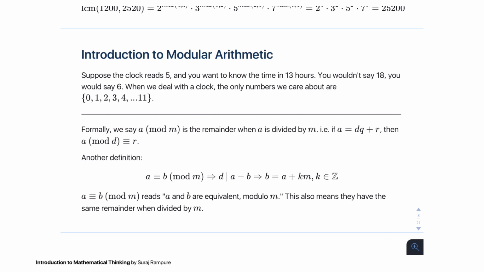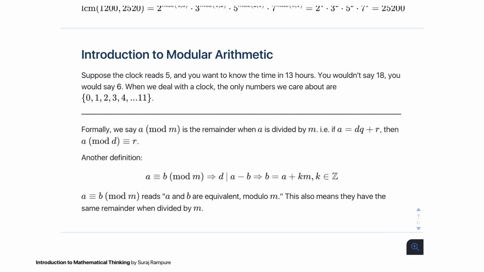So when you're dealing with the clock, you can think of all numbers on the clock as being equivalent to either 0, 1, 2, 3, 4, all the way until 11. So you can think of all numbers as being reduced to one of the numbers in this set. Is that clear? Okay.